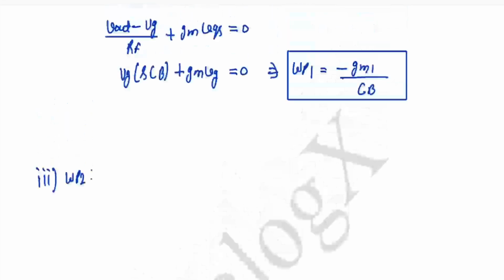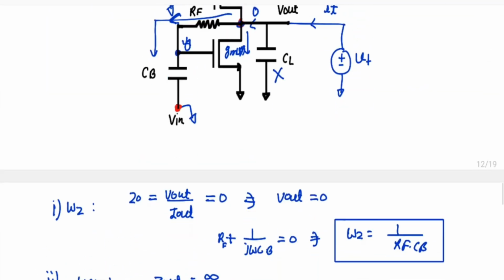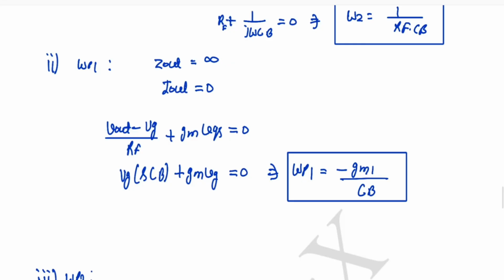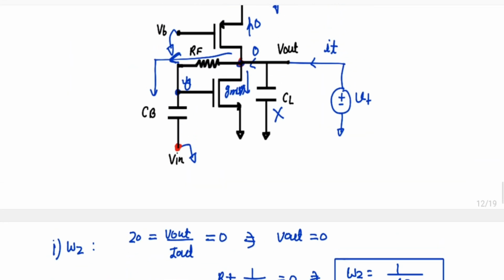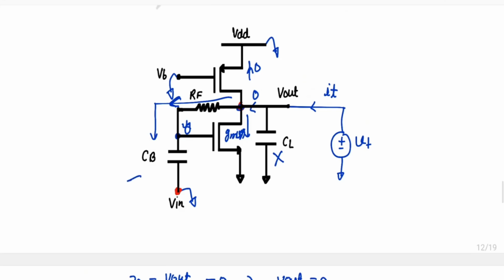Now let's calculate the second pole location. Again for the pole our output current will be 0. At this pole location this capacitance will be a short circuit, and this capacitance remains. It will offer some finite impedance.